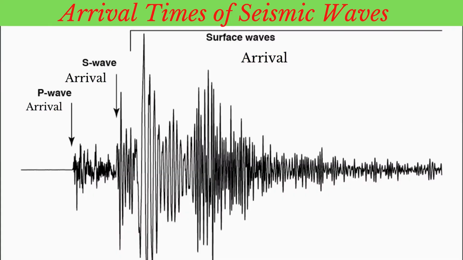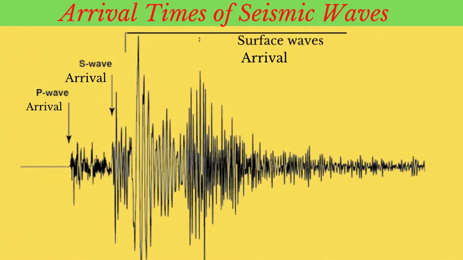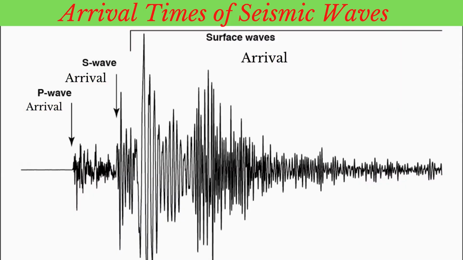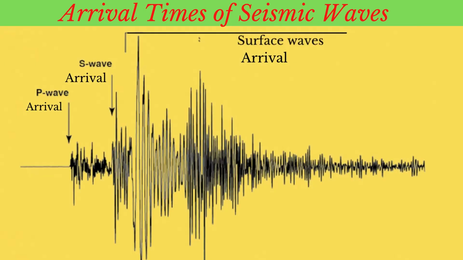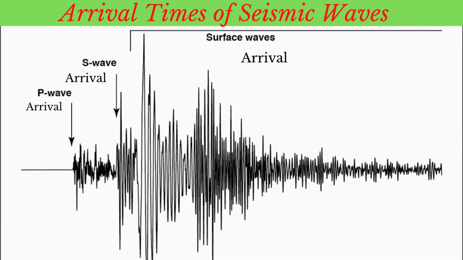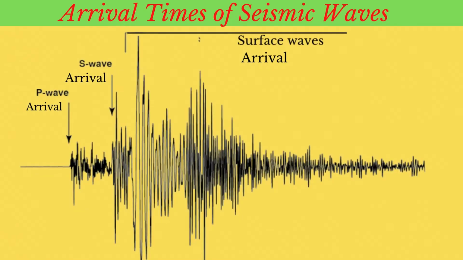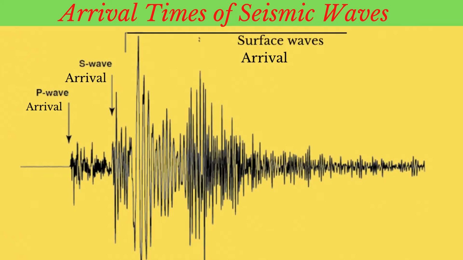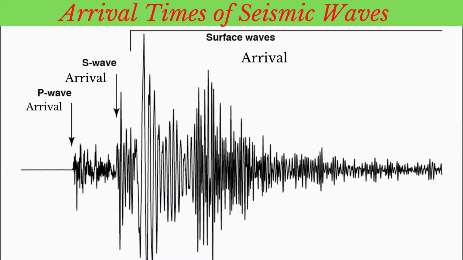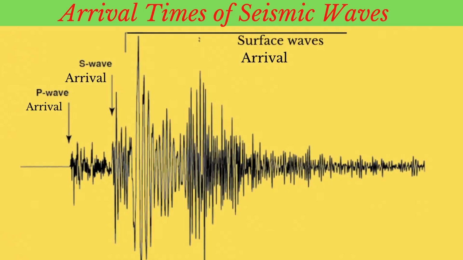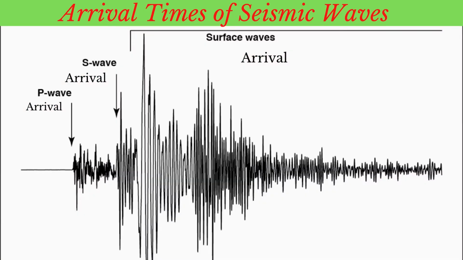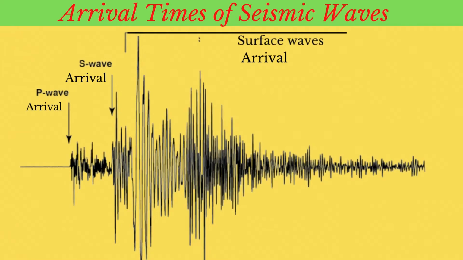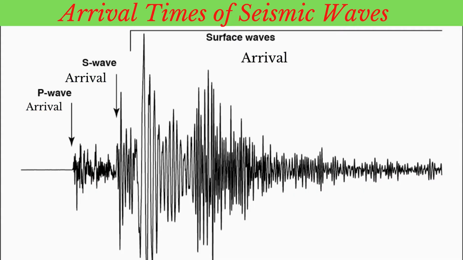Scientists use triangulation to find the epicenter of an earthquake. Timing when each wave arrives at a seismic station can help locate an earthquake. First, the arrival times of the P and S waves are found from 3 seismic stations.